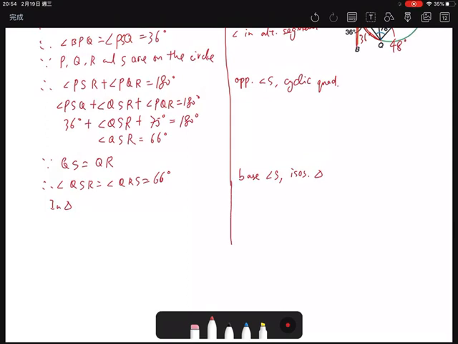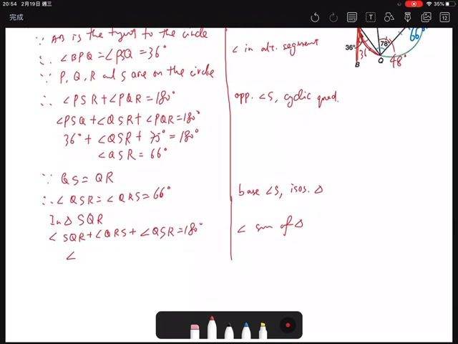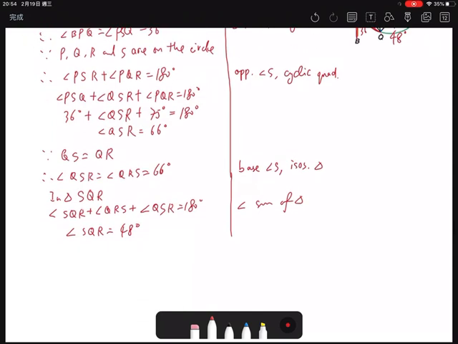And in triangle SQR, angle SQR plus angle QRS plus angle QSR equals 180 degrees. Angle sum of triangle. So we can get angle SQR equals 48 degrees.